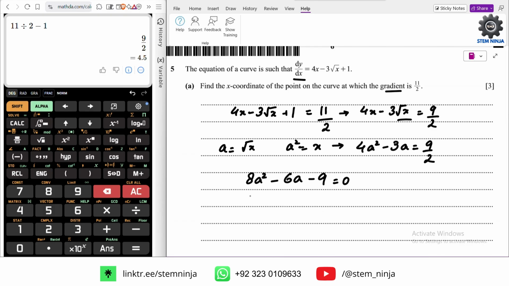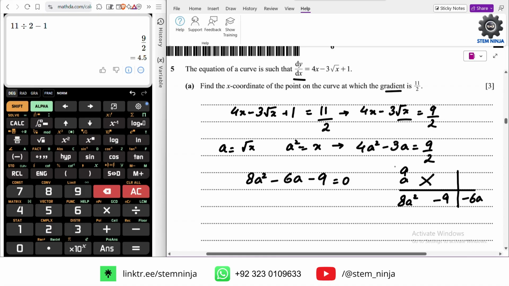So what we can do now is, this is a quadratic equation. So let's do the sum and product rule. 8a squared minus 6a minus 9. We need 8 times 9 and we need 6. So 12a and 6a.